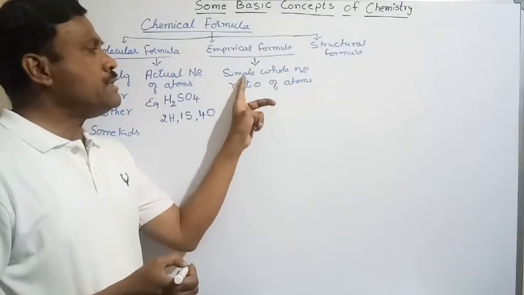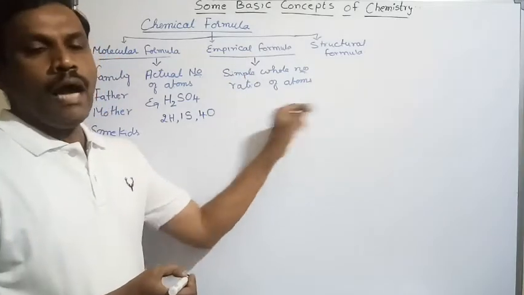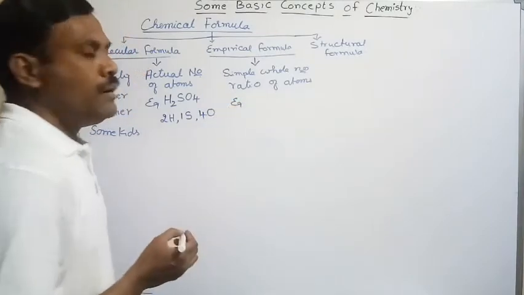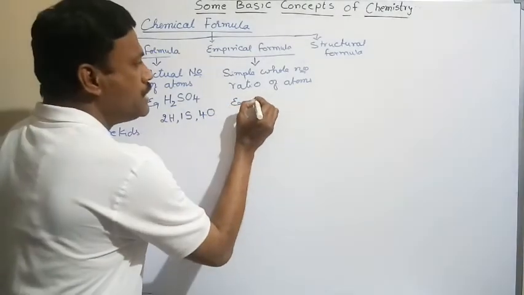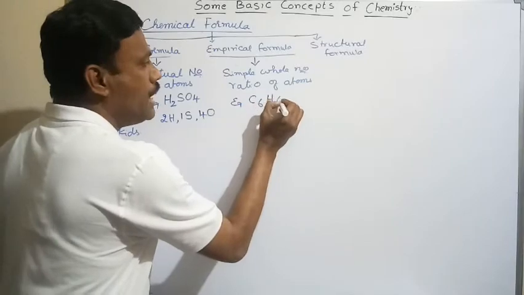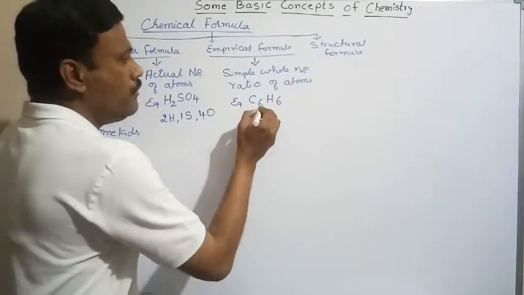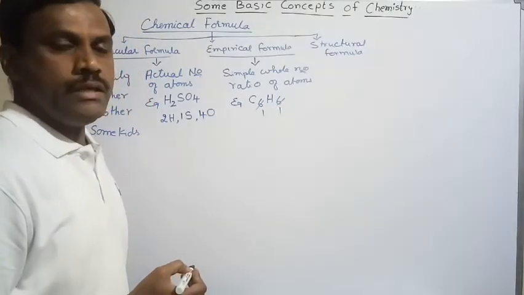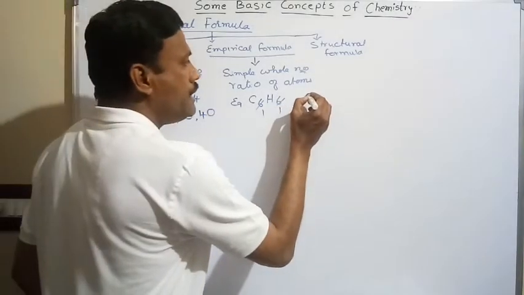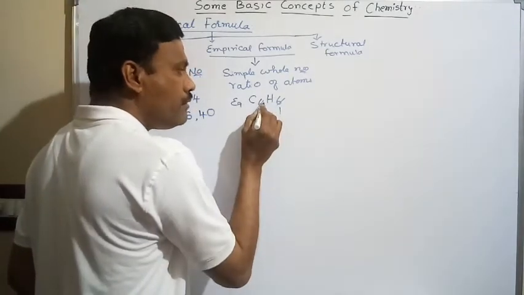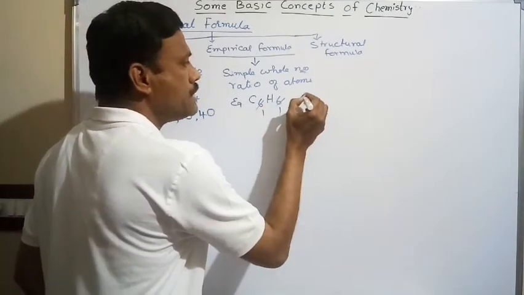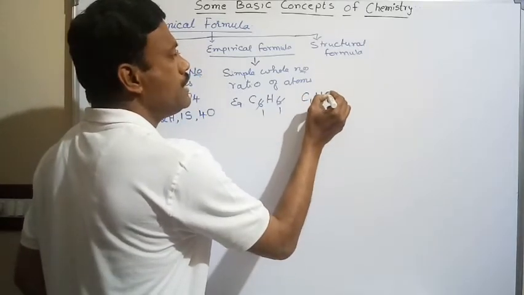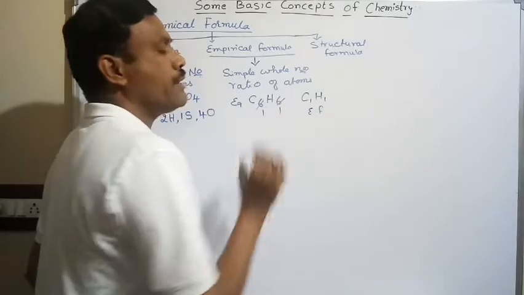For example, the molecular formula of benzene is C6H6. When we take the ratio, it is 1:1. And the empirical formula of benzene is written as C1H1. It is the empirical formula.